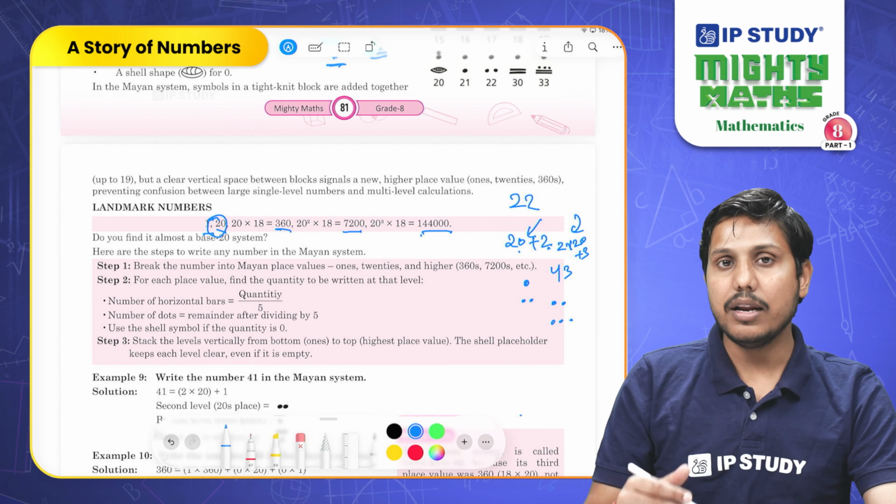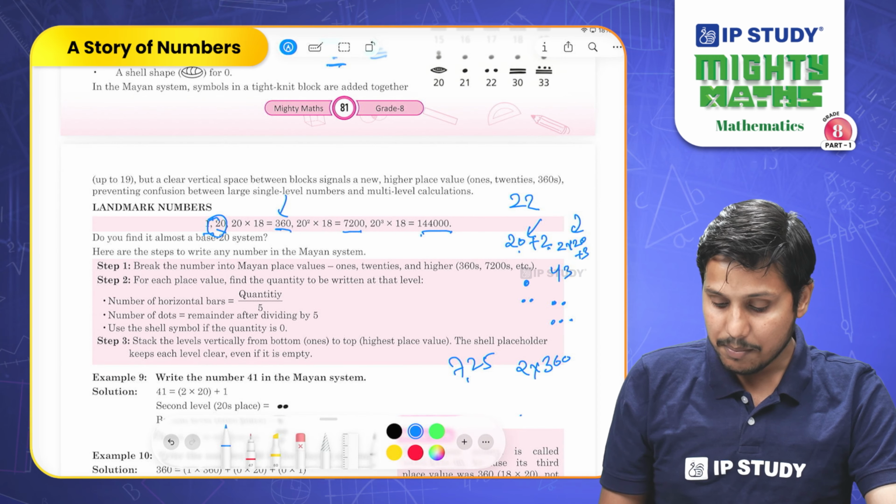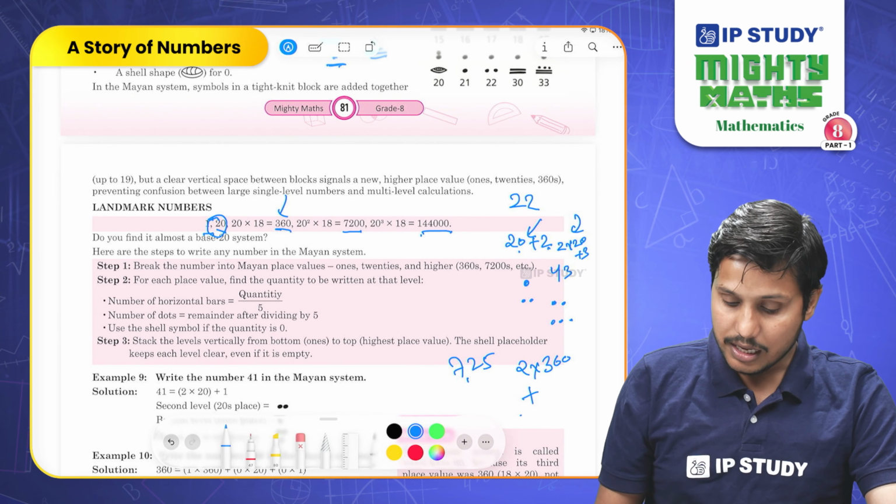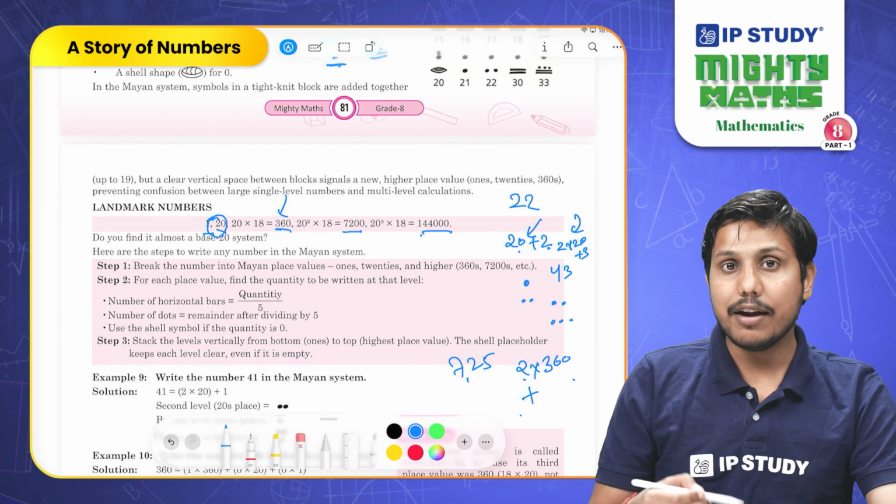Like for 725, we know that it will be the multiple of 360 that will be used because it is the nearest bigger landmark symbol that we can use. So it will be 2 times 360 plus the next will be 720, after which it will be 5. In order to represent this number, we know that this is the third landmark number. So we'll use 2 dots at the top for the first place value, or we can say the top place value.